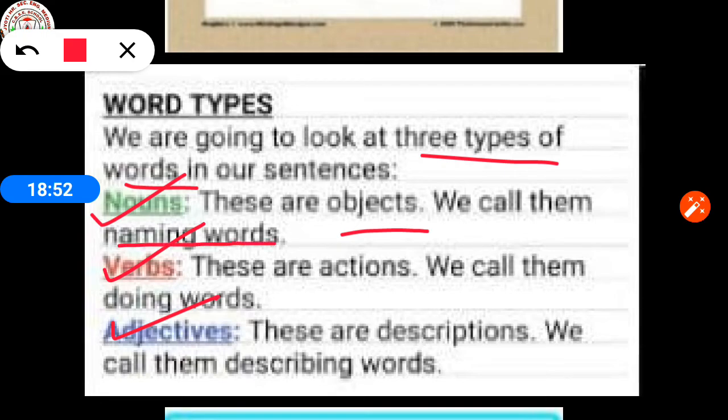Verbs relate with actions, and we can call them doing words. Adjectives relate with describing words, so we can call them describing words.